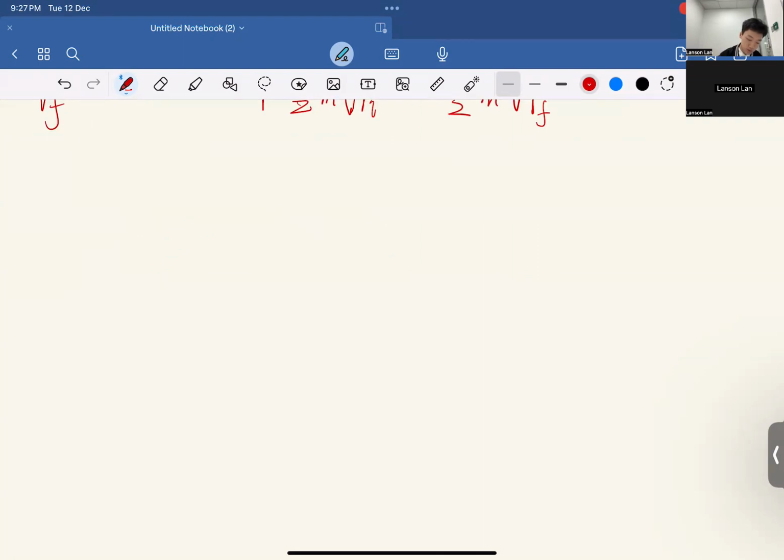If we can control the direction very well, and make VI and VJ in the opposite direction, and VF in the same direction as VJ, now the three equations can be changed into these ones.